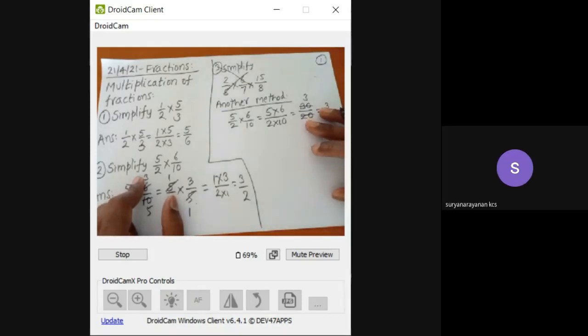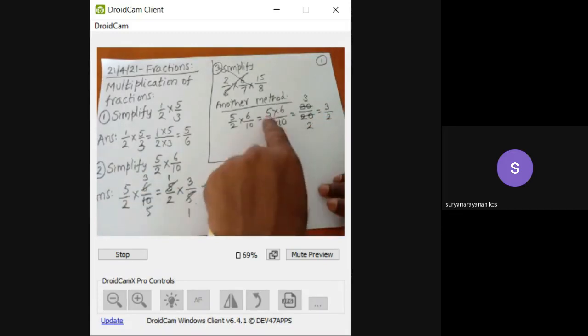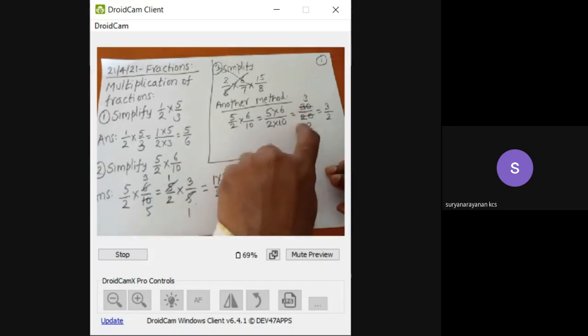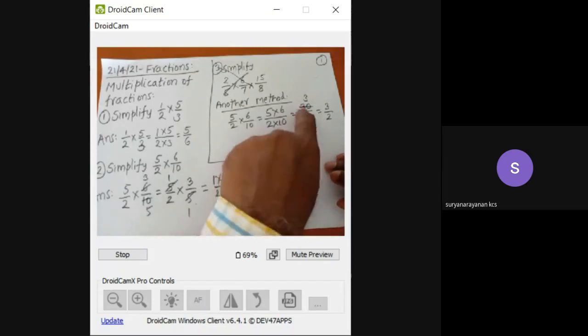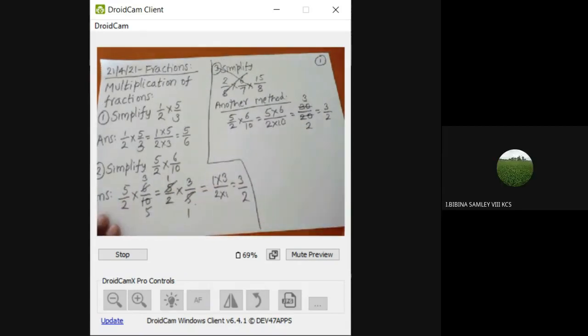Similarly, let us take the second example, 5 by 2 into 6 by 10. Here also, we can follow directly 5 into 6 by 2 into 10. We get here 30 by 20. But this fraction is not in the simplest form. How do you say a fraction is in the simplest form? Can you tell me? Sir, when it can't be divided.